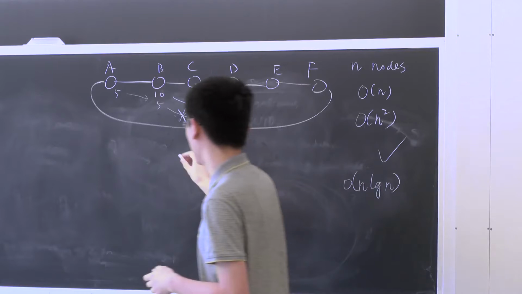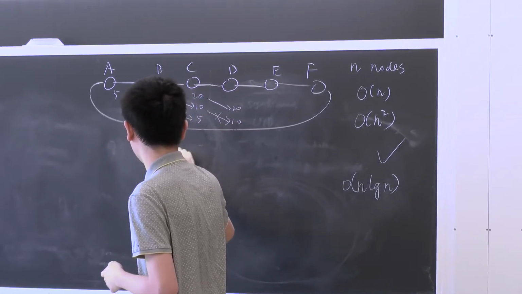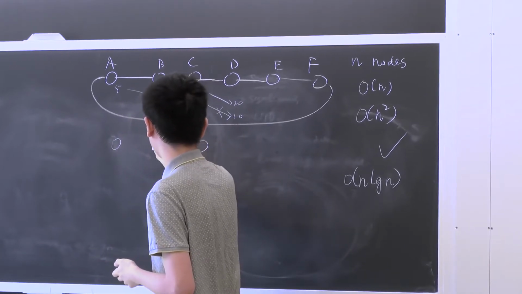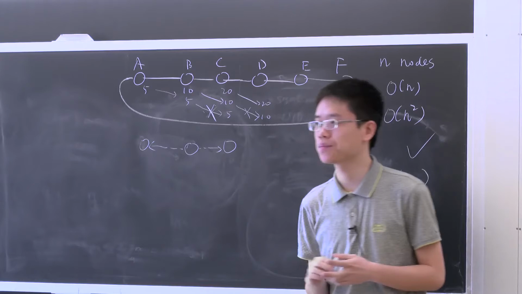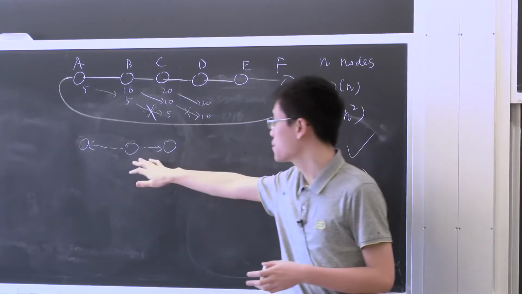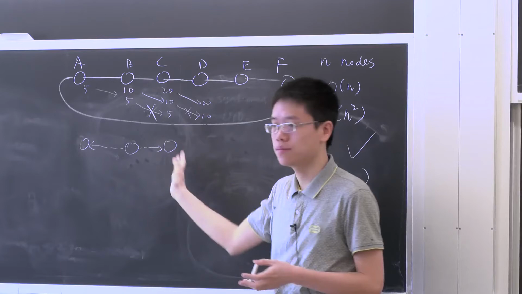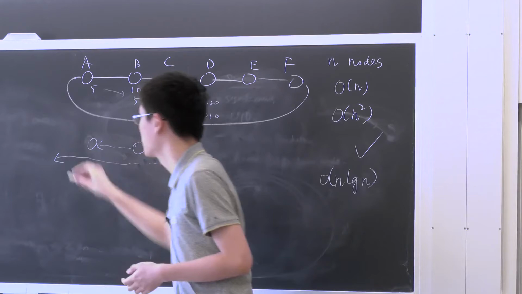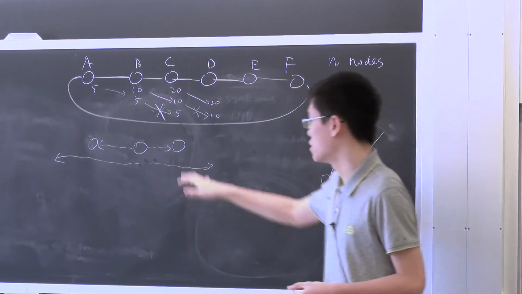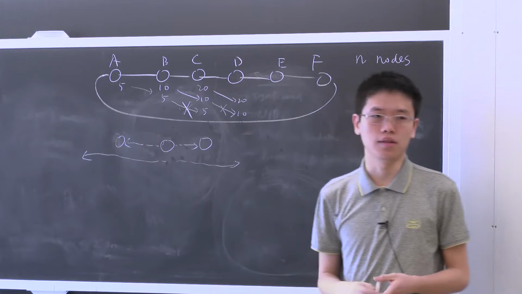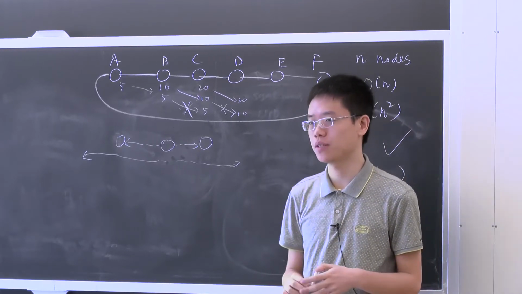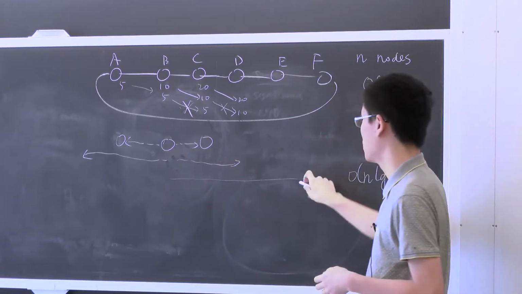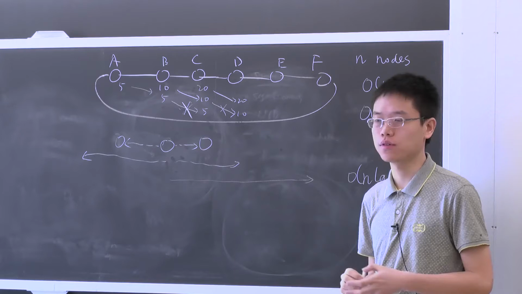So what I mean by that is, say we have several rounds, so this B and A and C. We will let B only propagate to A and C first. If B is the local maximum among ABC, then B will try to talk further, increase its range. If B is not the local maximum of ABC, then it can be quiet. It doesn't need to send messages anymore. If B succeeds in the next round, then it will further increase its range to try to talk to more people.